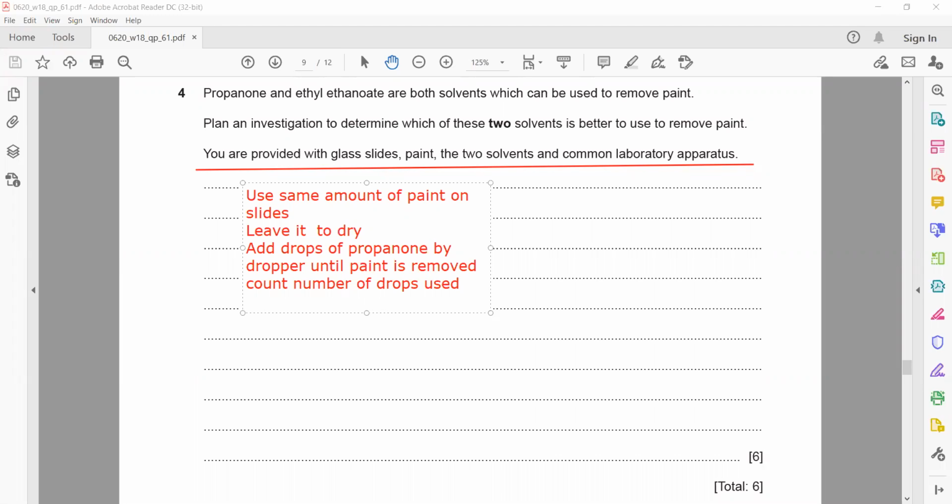Then we will repeat the procedure, and then compare the number of drops used for each solvent.